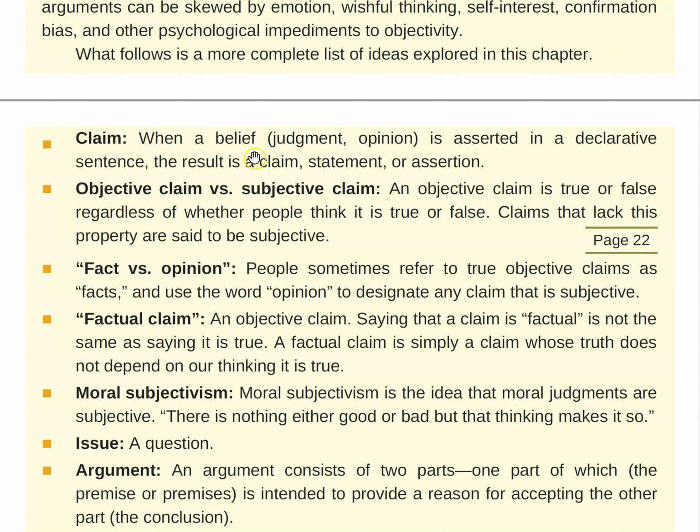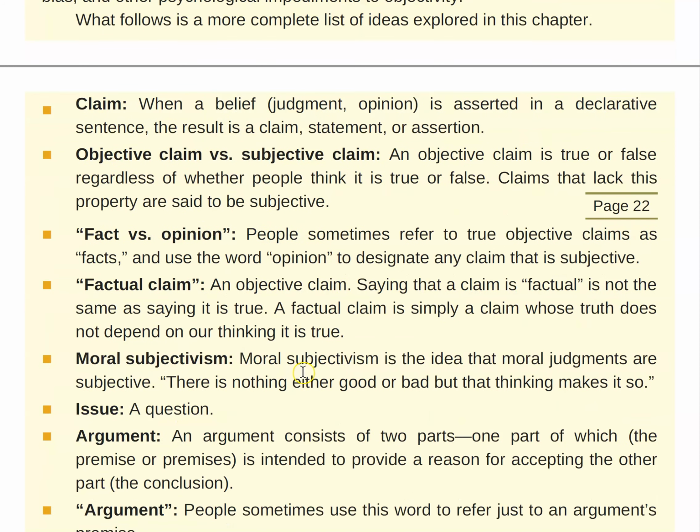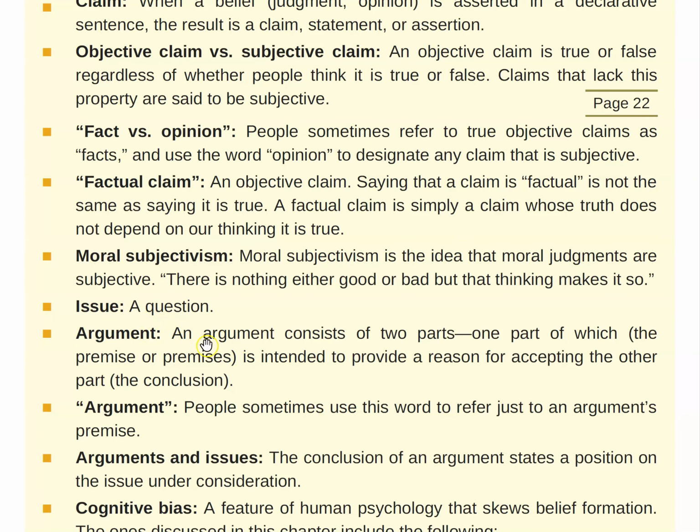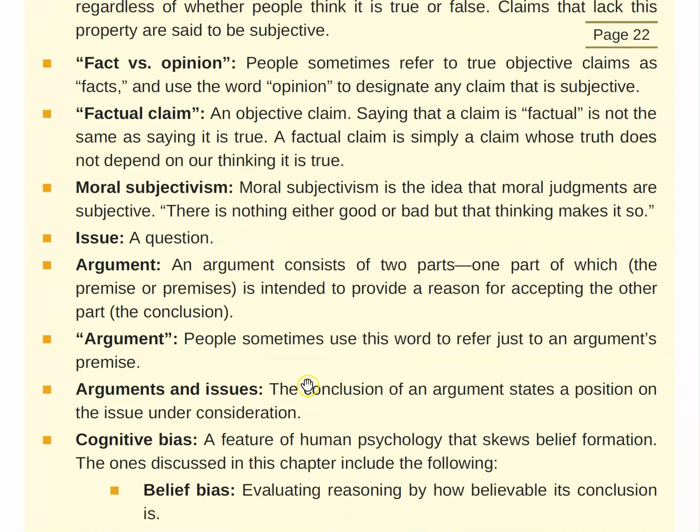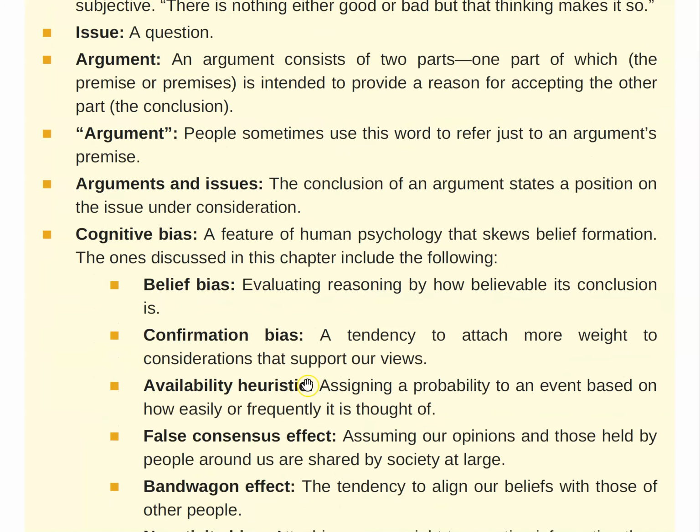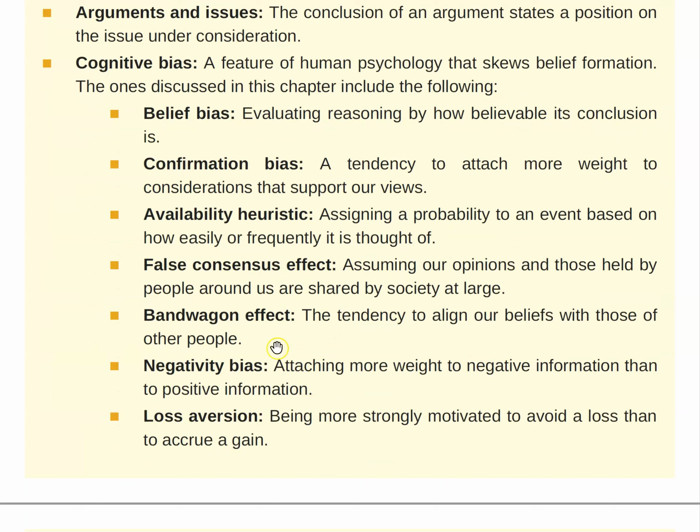So you'll see we've got claims, objective claim versus subjective claim from last class, issue, question, what an argument is, right? Two parts, one of which is the premise or premises intended to provide a reason for accepting the other part, the conclusion. All of this, but the reason I showed you guys this is because we have these really wonderful, concise definitions of all these biases right here too.